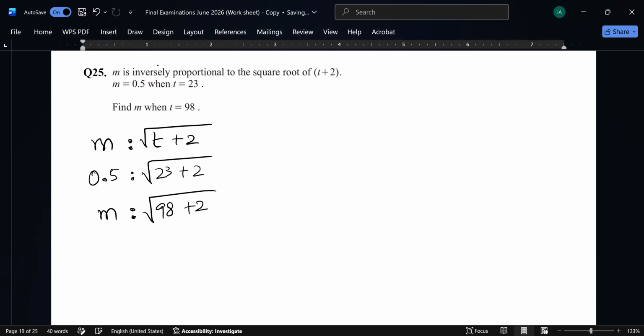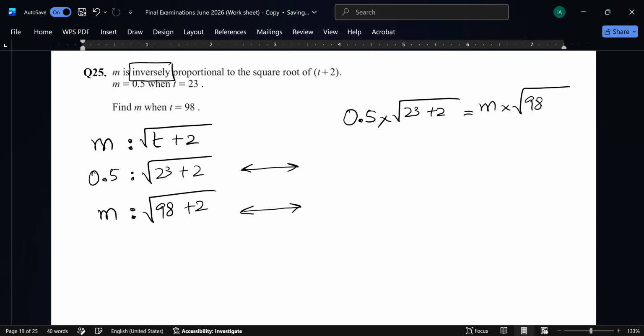Since it's inversely proportional, that is why we multiply in this fashion. It means 0.5 will be multiplied by the square root of 23 plus 2, and M will be multiplied by square root of 98 plus 2.